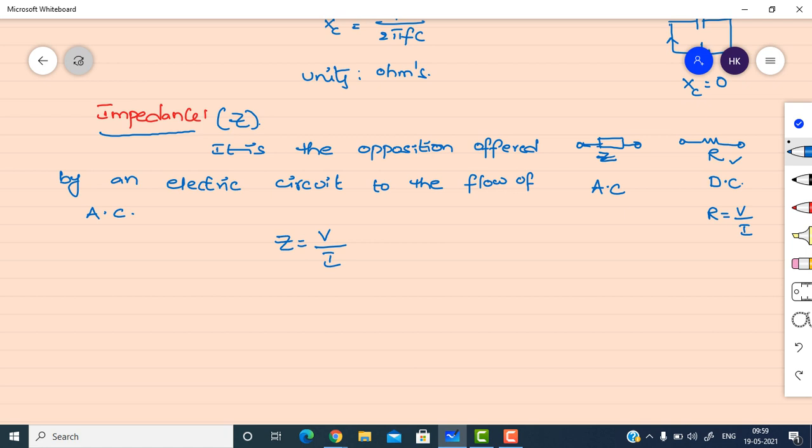These two are alternating quantities. And units again ohms. So let's find out for a resistive circuit. What is the impedance for the resistive circuit?